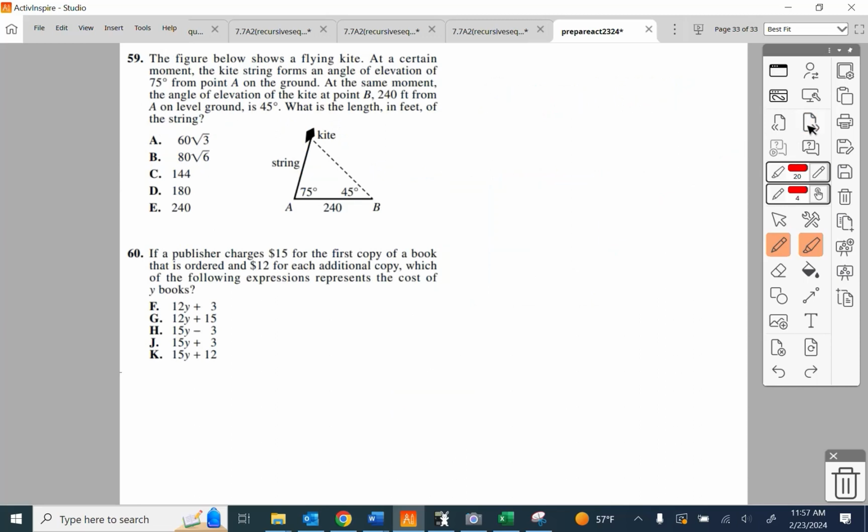The figure below shows a flying kite. At a certain moment, the kite string forms an angle of elevation of 75 degrees from point A on the ground. At the same moment, the angle of elevation of the kite at point B, which is 240 feet from A on level ground, is 45 degrees. What is the length in feet of the string?